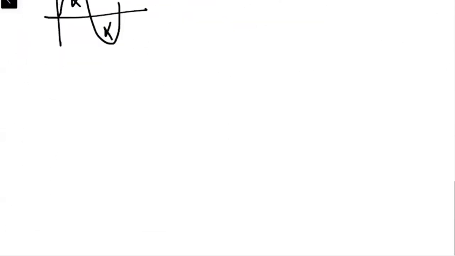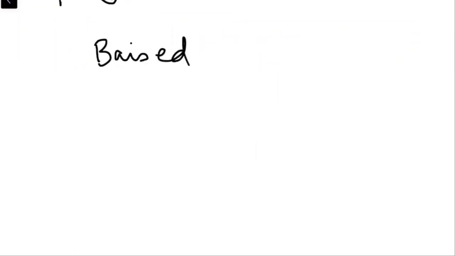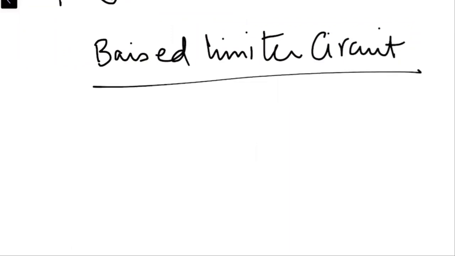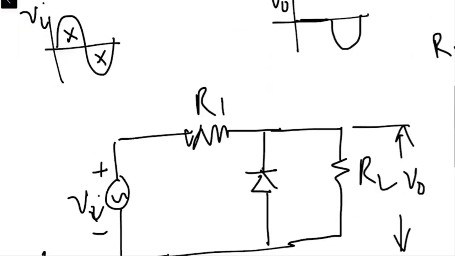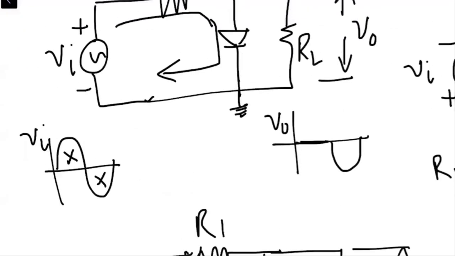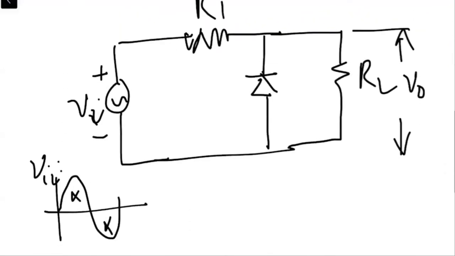This means we are now looking at the biased limiter circuit. Before going into that, the one which is providing the limitation in the positive direction is called a positive limiter circuit, and the one which is providing the limitation or clipping in the negative direction is called a negative limiter circuit.